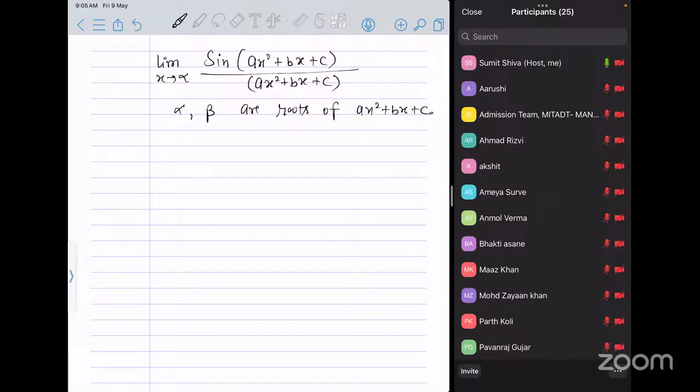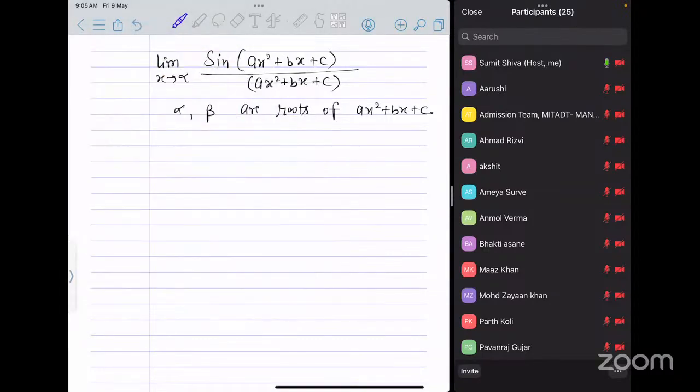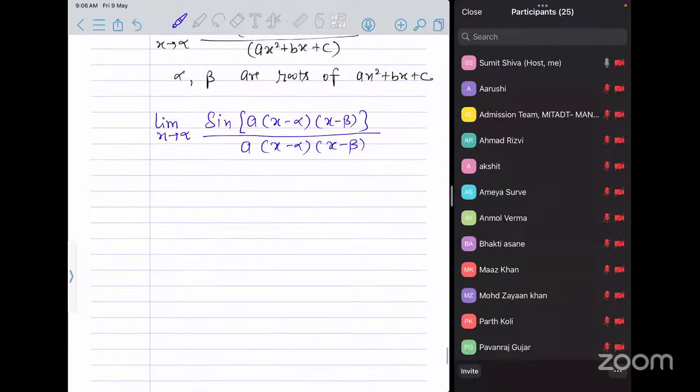So how will you solve it? Now if alpha is a root and beta is a root of the equation, by simple property of quadratic equation, you can write it as sine of a times x minus alpha into x minus beta, divided by a times x minus alpha and x minus beta. Yes or no?